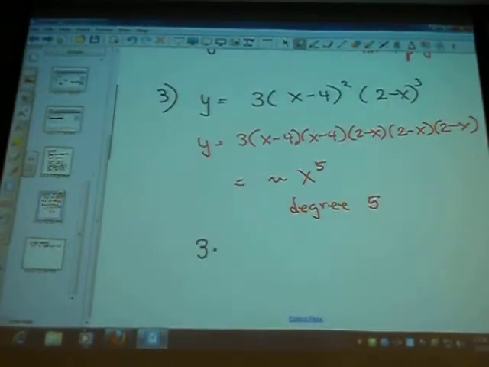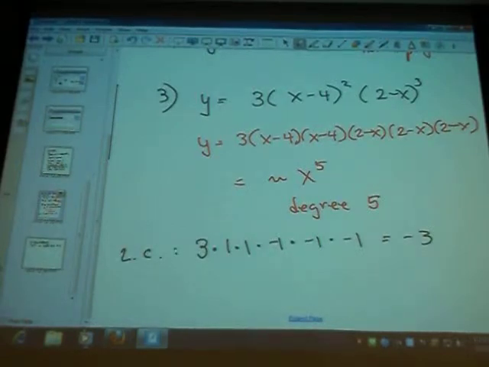Could you say because it's an odd number of negatives, it would be a negative? Yeah, so that would make it a negative answer. Negative 3. It's all because that x has a coefficient of negative 1.